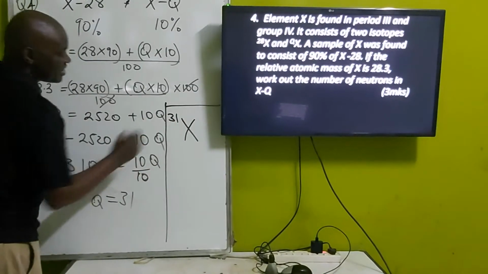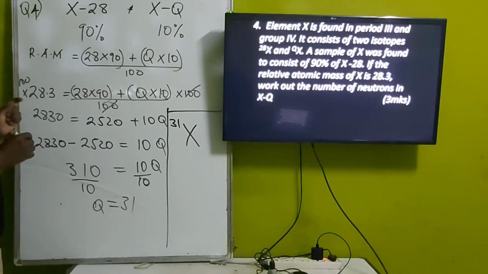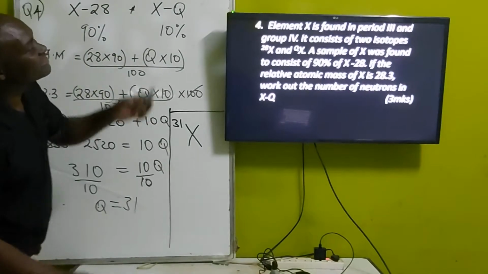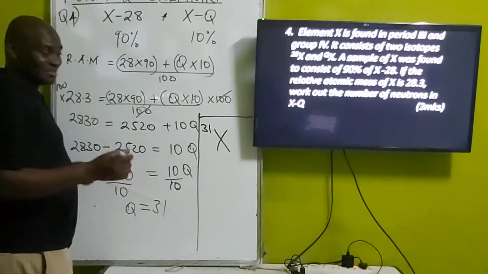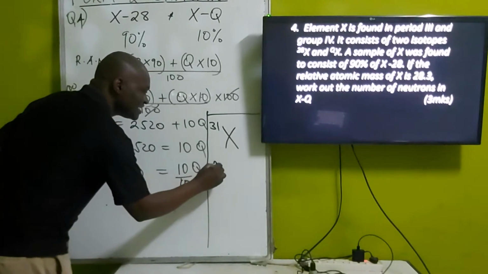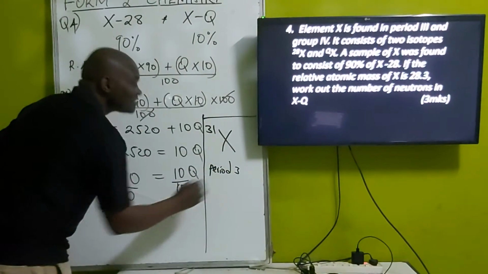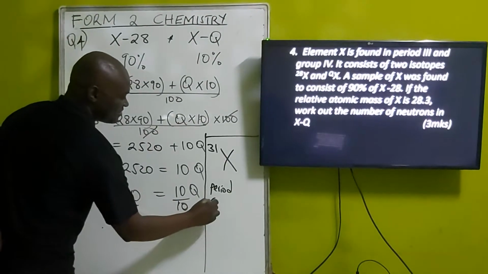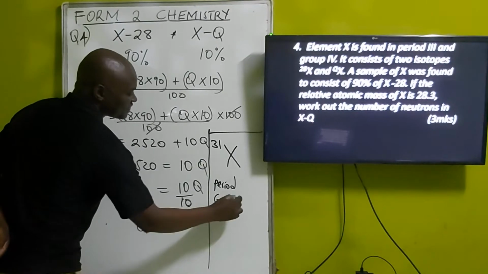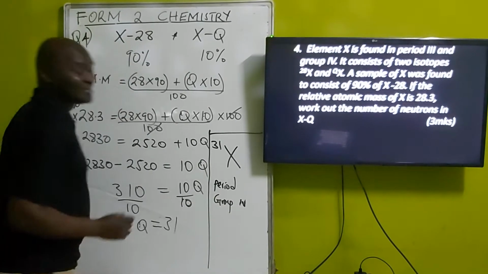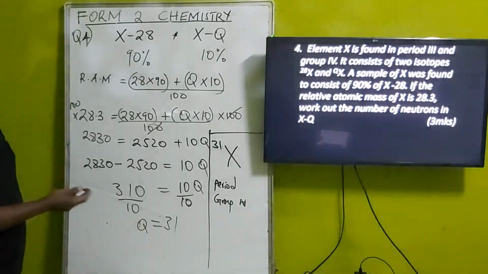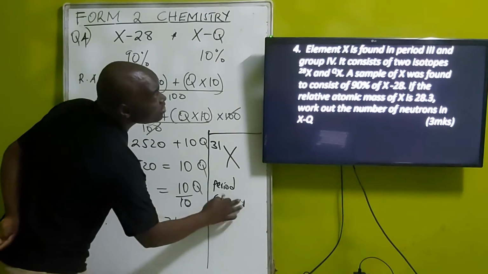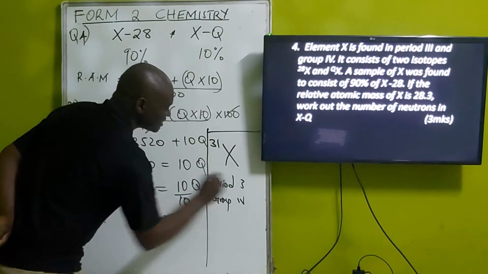Now this element, we are told, is found in period 3 and it is in group 4. Later we'll learn the periodic table, where we know what period is and what group is. So it is in group 4, period 3.